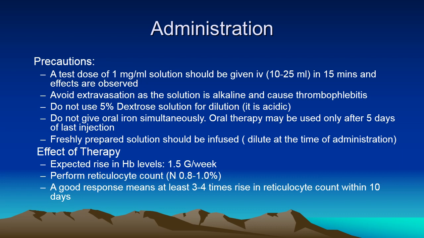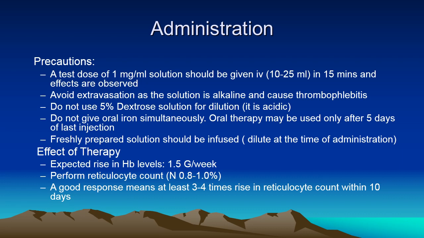Dextrose is acidic, therefore reaction would occur. Do not give oral iron simultaneously because oral therapy will interfere with the assimilation of iron and therefore it should be started only after 5 days of the last injection. Freshly prepared solution should be used and that means dilution must be done at the time of administration.